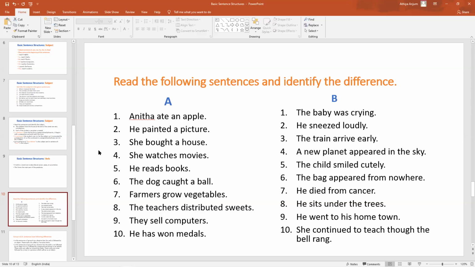The next one, the child smiled cutely. Subject child, verb smiled, and adverb cutely. How? Cutely. Then the next one, the bag appeared from nowhere. The subject is bag and appeared is your verb. Again, from nowhere is a prepositional phrase. Do you remember your prepositions?